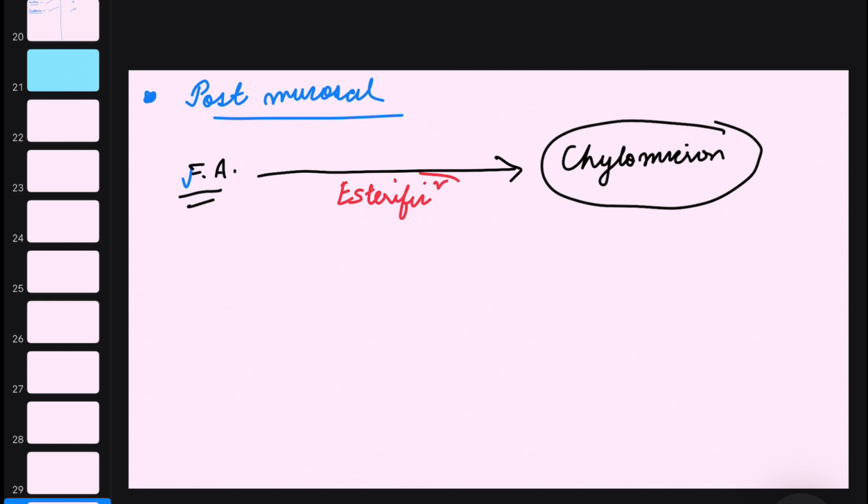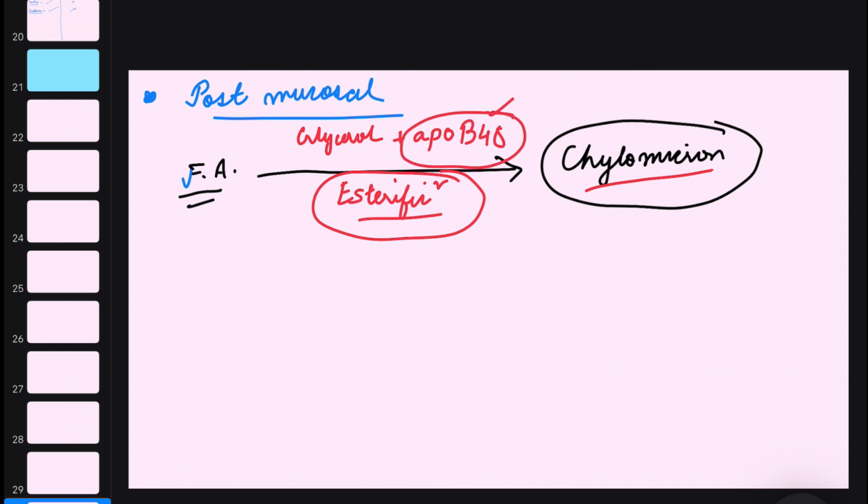Just like we needed micelle formation for the fats to be absorbed, for the fat to reach the peripheral circulation from the enterocytes, we need esterification, and for the fat to form chylomicrons. For esterification, we need again glycerol, and very, very important, a special protein called ApoB48. Not exactly a protein, it's a cofactor.